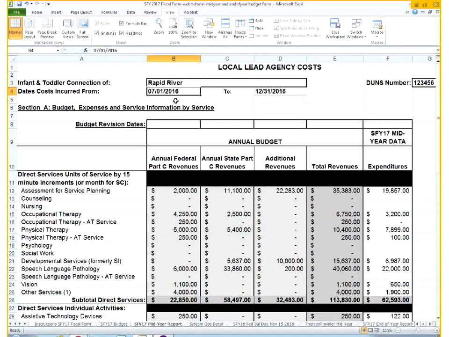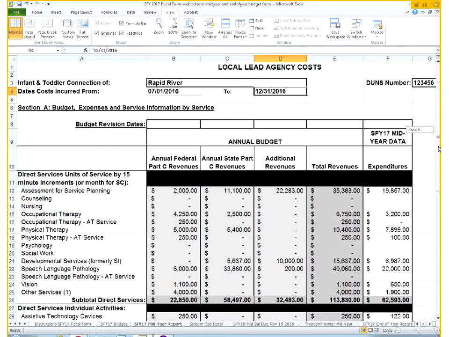We're going to start that at the beginning of the fiscal year, which is July 1st, 2016, or whatever fiscal year you are reporting from, and it's going to go all the way till December 31st of that same fiscal year. We're currently in fiscal year 17, so this report is going to look at July 1st, 2016 to December 31st, 2016.